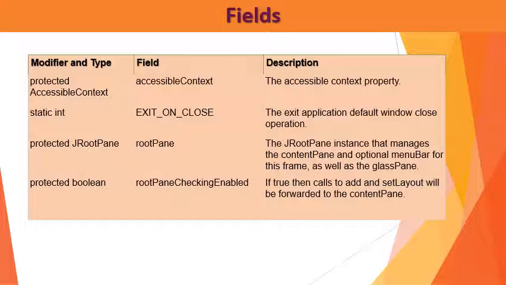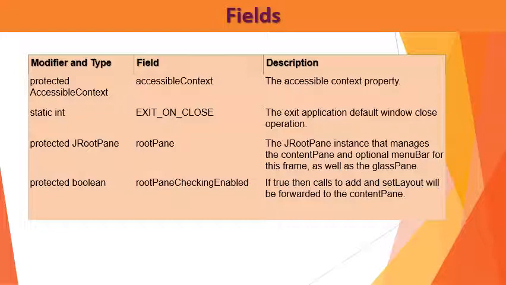Then the modifier is protected JRootPane, that is rootPane is a field, and the JRootPane instance manages the content pane and optional menu bar for this frame, as well as the glass pane.